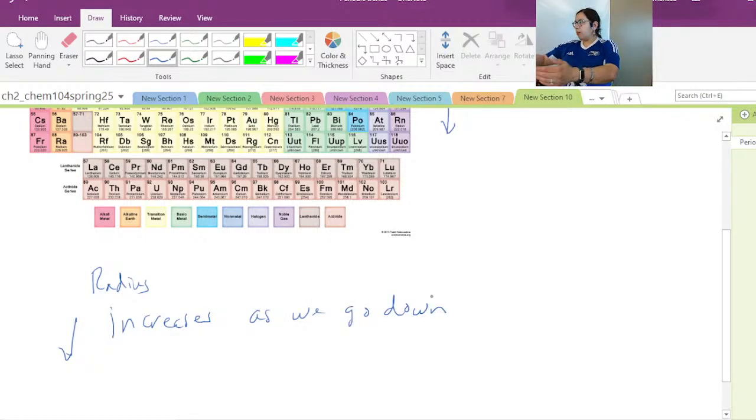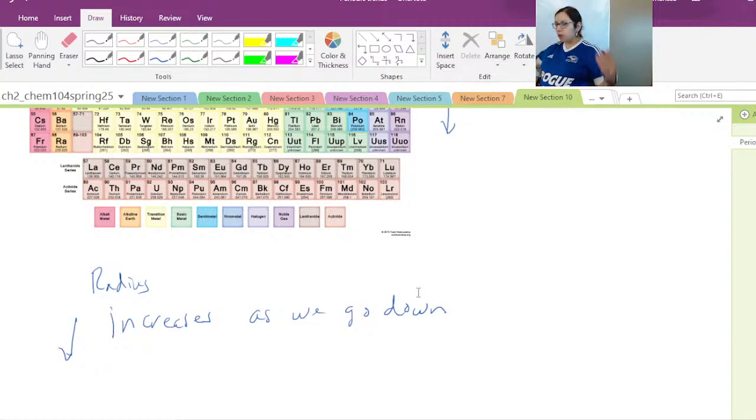And so why does it increase as we go down the periodic table? What do we remember? We can think simply about this one. Yeah, more energy levels, right?